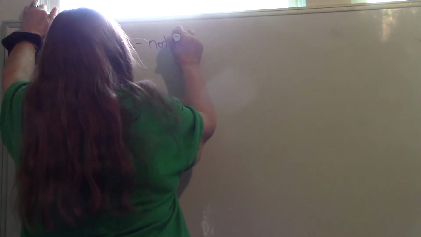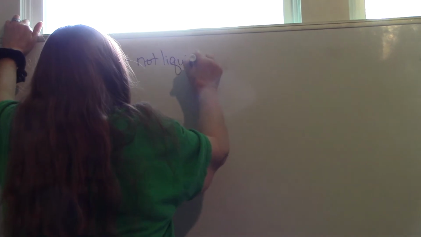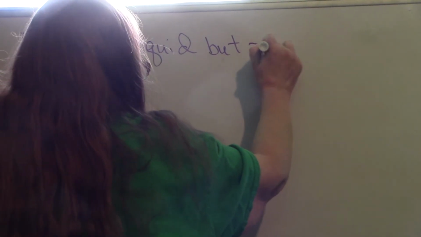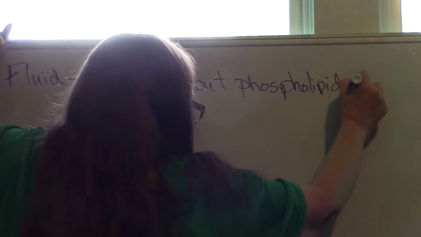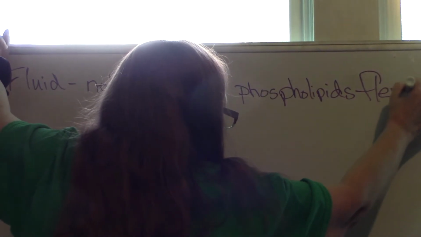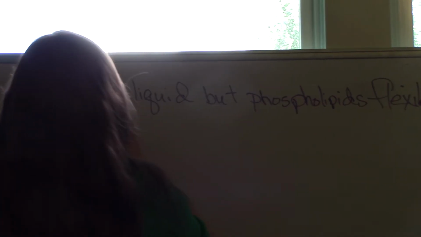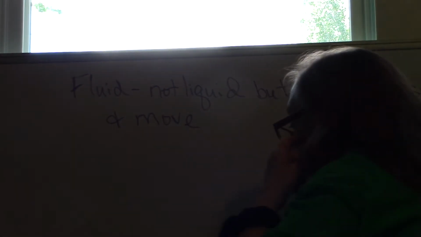It's not liquid, but the phospholipids are flexible and move. If you look at that video that I linked in the notes, you can see that. They literally move around in that cell membrane. And the phospholipids make up most of the cell membrane. So that's the fluid part.